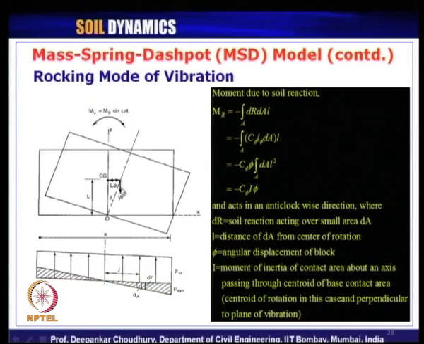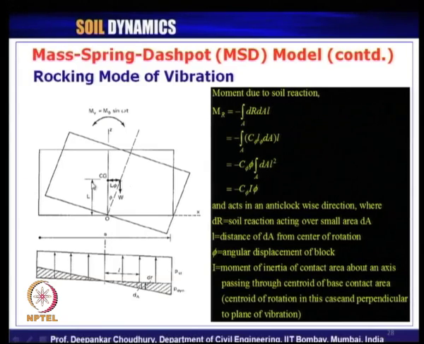So, that is why it is creating this rocking mode of vibration for the foundation. And when it is subjected to this kind of rocking mode of vibration due to the load m y, the weight gets shifted from this C g to this C g. Okay.